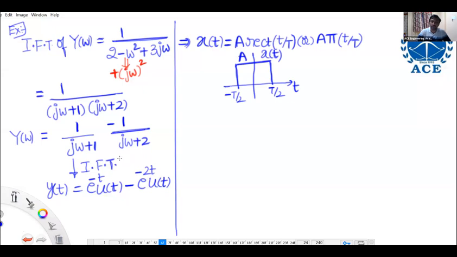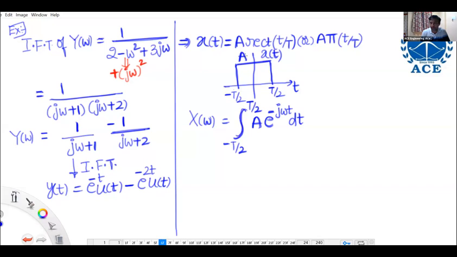Theoretically, a rectangle in time corresponds to the sap function or sinc function in the frequency domain. So when you go by the definition, what are the integration limits to be varied now? Minus T by 2 to plus T by 2, signal amplitude A, e power minus j omega t dt.